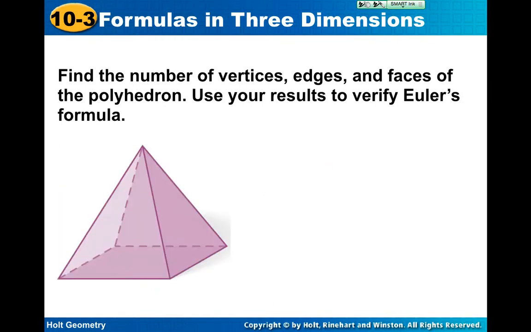I don't think anyone counted this pyramid. So why don't you count up in your mind how many vertices, edges, and faces there are, and let's make sure Euler's formula is correct for it. So the verifying helps you know whether your count is correct.